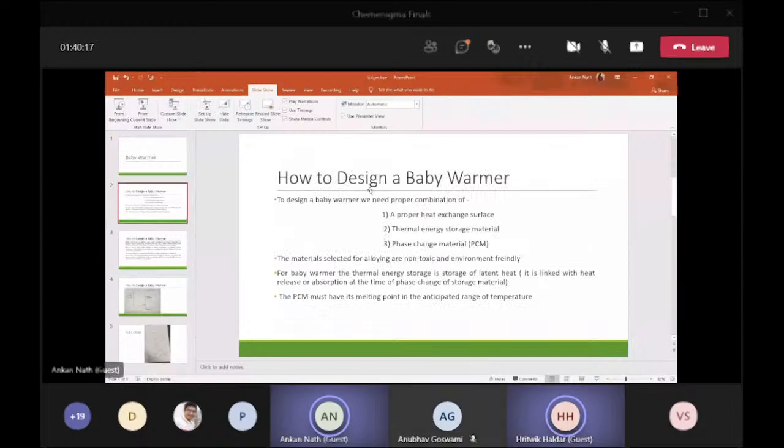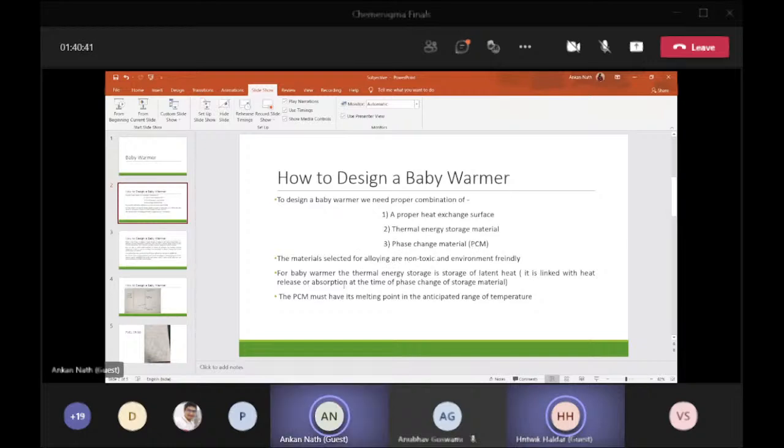Okay, so my question is the baby warmer and how to design a baby warmer. To design a baby warmer, we used a proper combination of three properties: a proper heat exchange surface, a thermal energy storage material, and a phase change material. The material selected for the alloying in this baby warmer must be non-toxic and environment friendly.